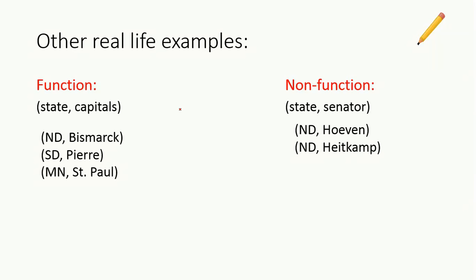So in North Dakota, we have Mr. Hoeven and Mrs. Heitkamp. So I have one input going to two different outputs. That can't be. I can only have one input going to one output.